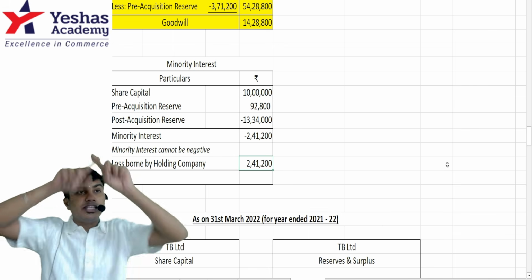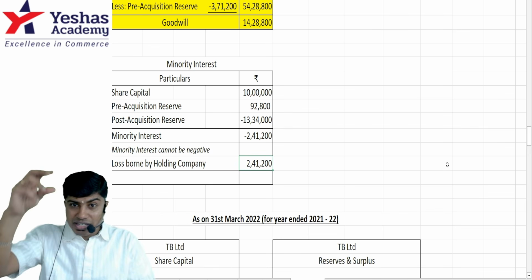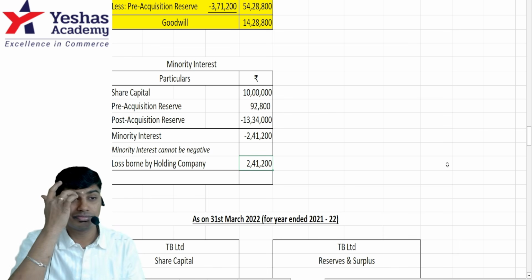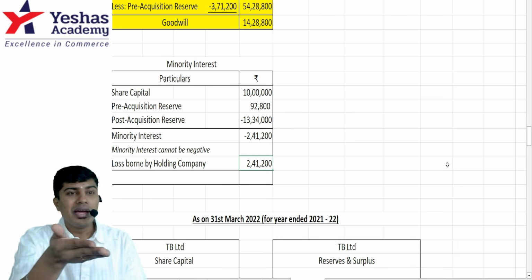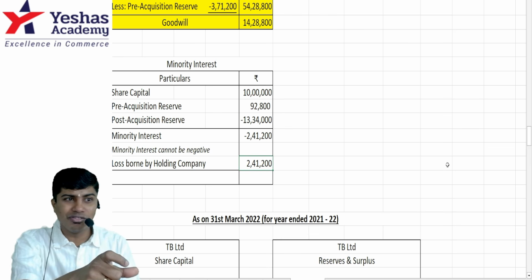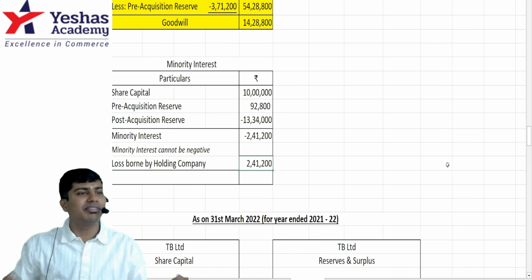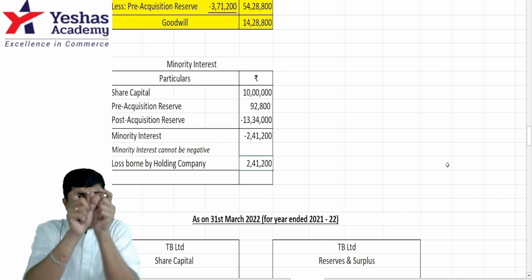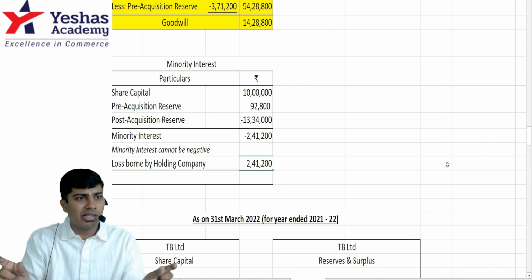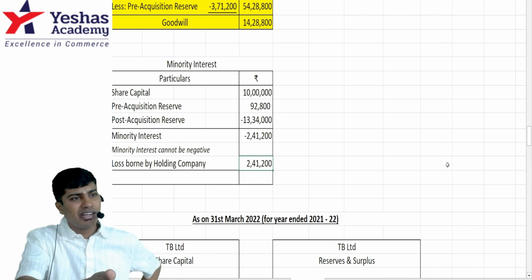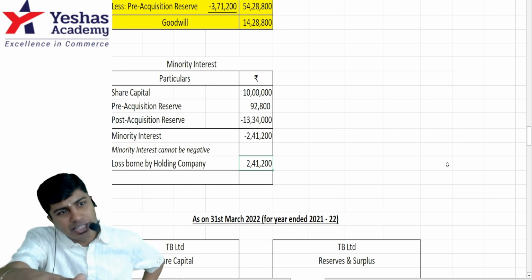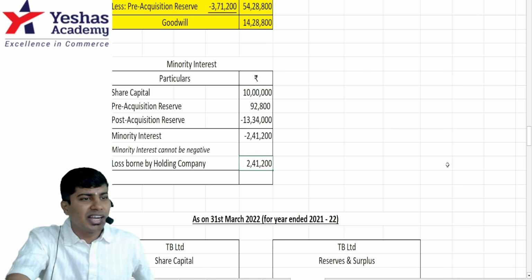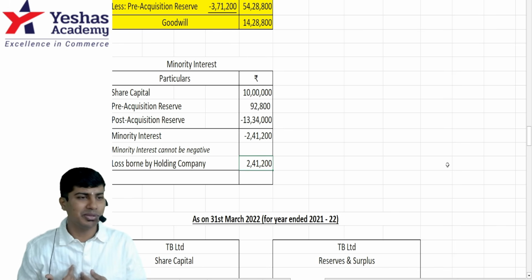Holding company consolidated balance sheet will write reserves and surplus on the liability side. Yes, from that reserve, we should deduct. Revenue reserve will be already negative, no? It will become more negative. Usually, pre and post reserves of subsidiary, when we split holding minority, if minority interest becomes negative, full 100% of that revenue reserve which is negative, post acquisition reserve which is negative, will be borne by holding company.